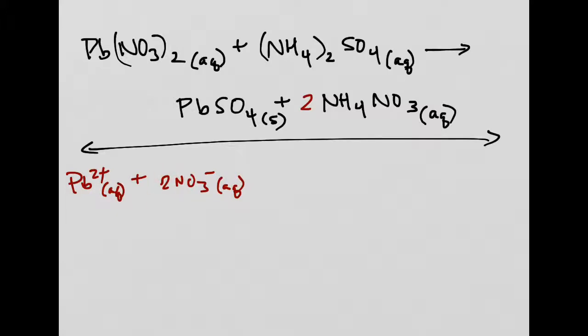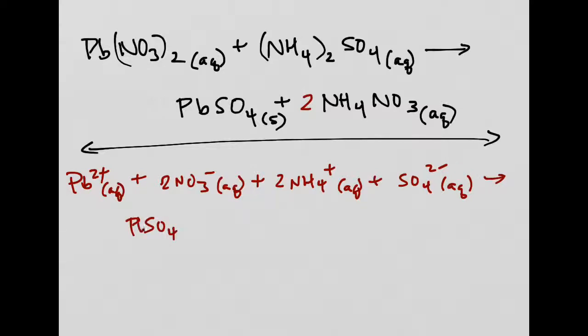Okay? And then let's continue to go. Plus, I have 2 NH4 plus, don't forget the charges associated with that, plus SO4 2 minus, also aq. And then that leads to the PbSO4, which stays a solid, doesn't dissolve.